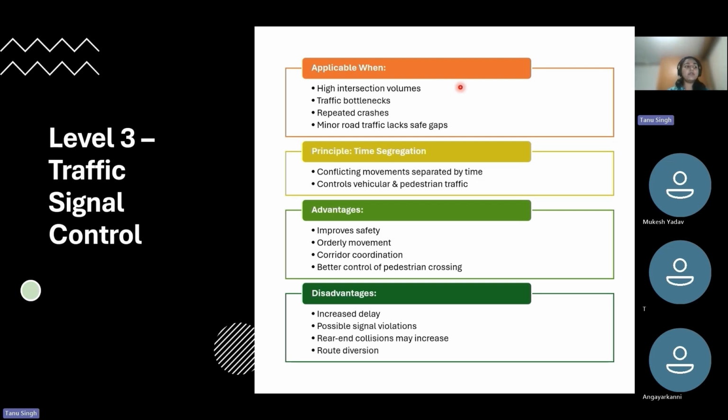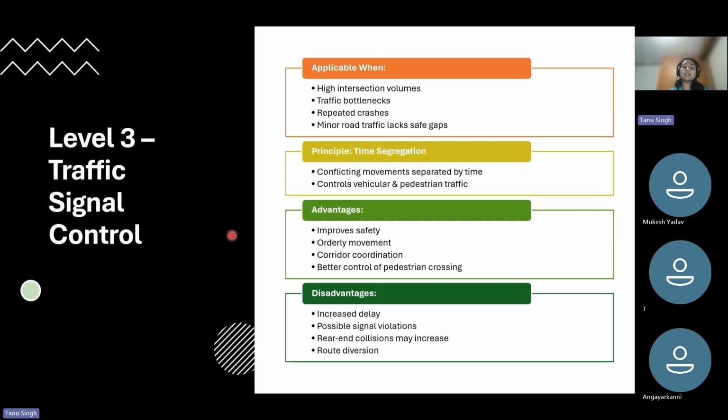This is required when intersection volumes are very high and bottlenecks are observed, repeated crashes occur, or when the minor road does not get adequate gaps to enter the major road. Traffic signal operates on the principle of time segregation. Conflicting movements are separated by time. When one movement is allowed, the conflicting movement is stopped.